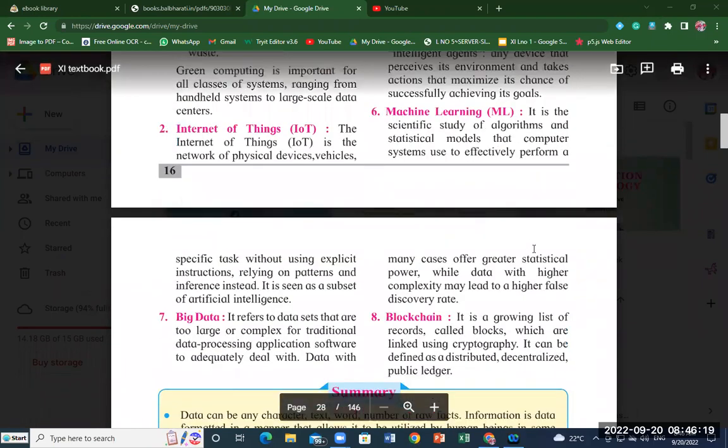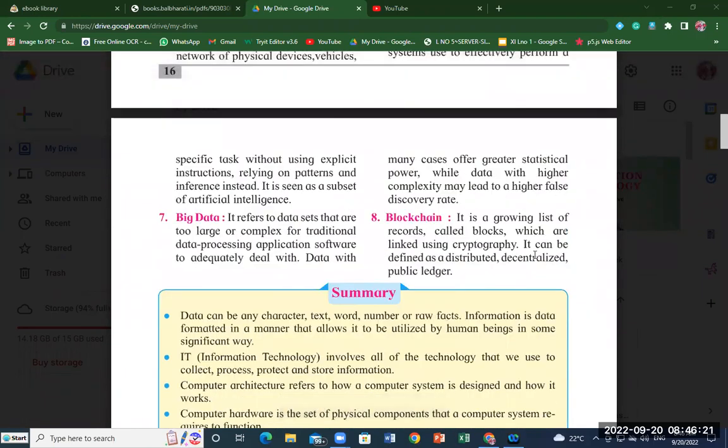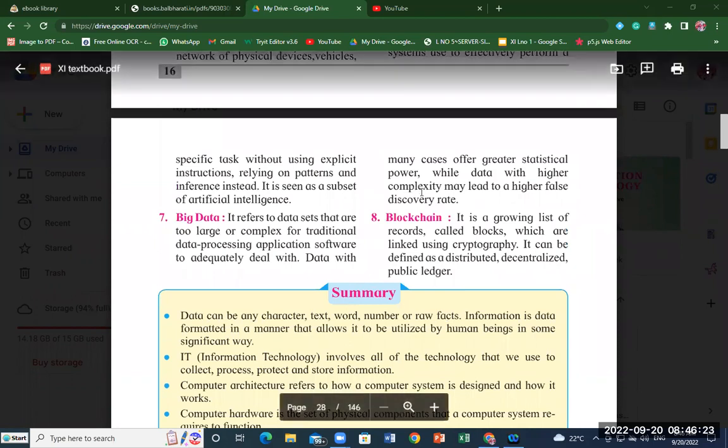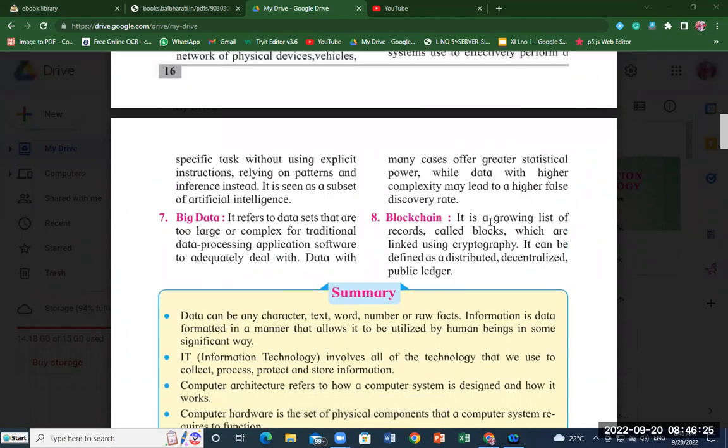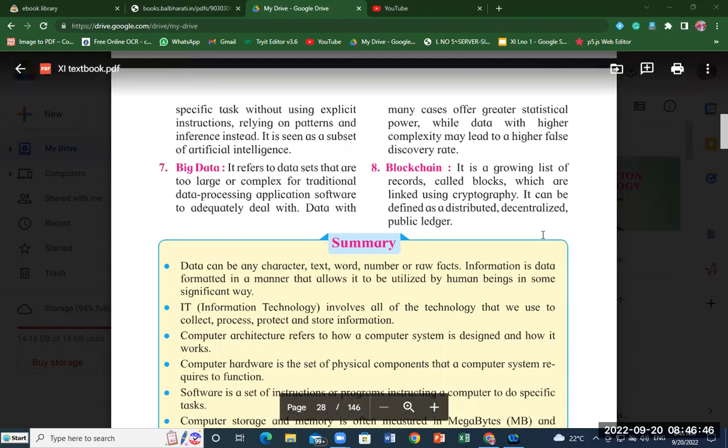Data with many cases offers greater statistical power, while data with higher complexity may lead to higher false discovery rates. Right? So big data is also one kind of career wherein you get the data, store it somewhere, and then finally analyze it. Is it good or bad? Is it really giving you higher power, or is it showing you a false discovery rate?